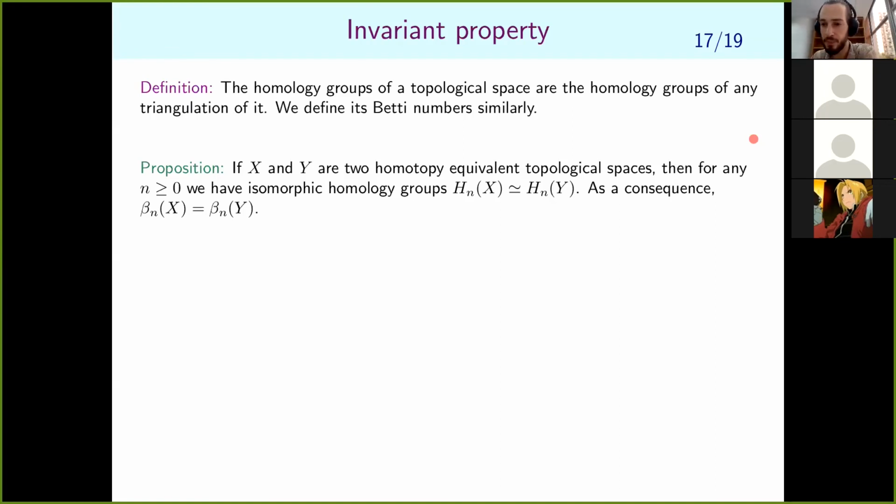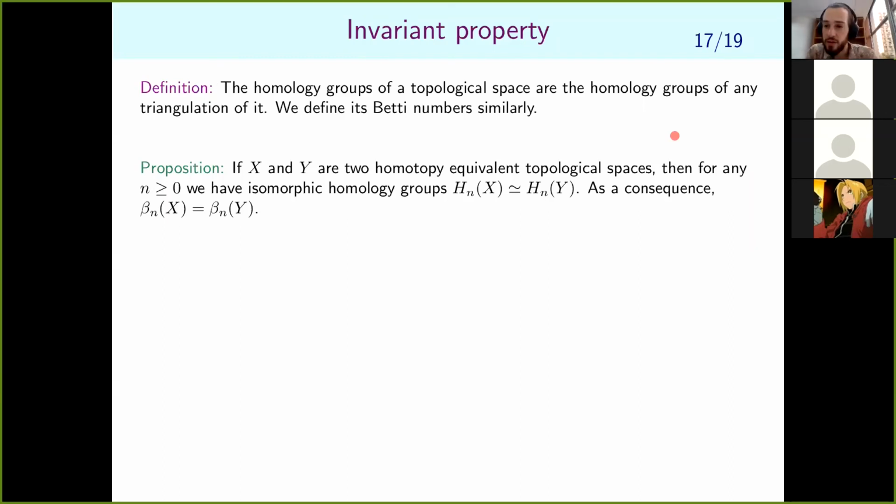Okay. Fortunately, this is true. If I take a topological space and two different triangulations, then the homology groups of the triangulations are the same. The homology groups do not depend on the triangulations.